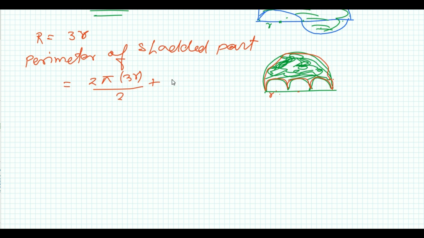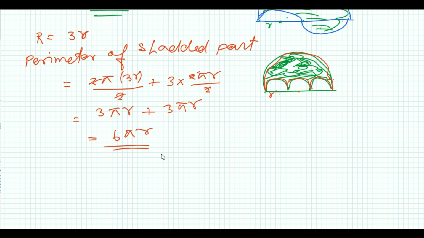That means plus 3 into the perimeter of this semicircle, that means 2 pi r divided by 2. So the 2 cancels, ultimately this becomes 3 pi r plus 3 pi r, which equals 2 into 3 pi r. That means 6 pi r. I think it is clear.